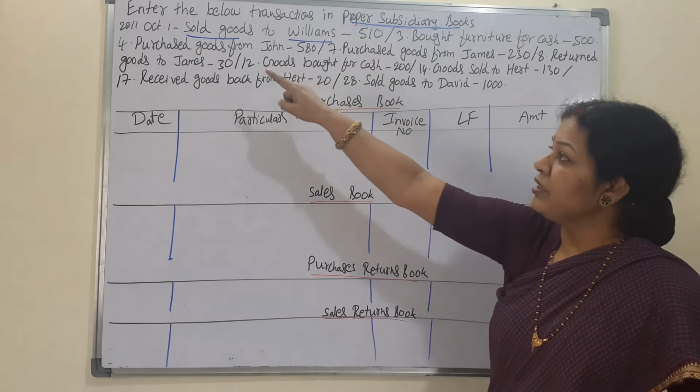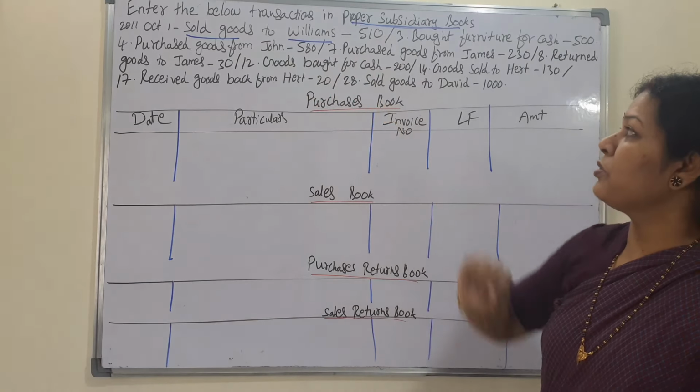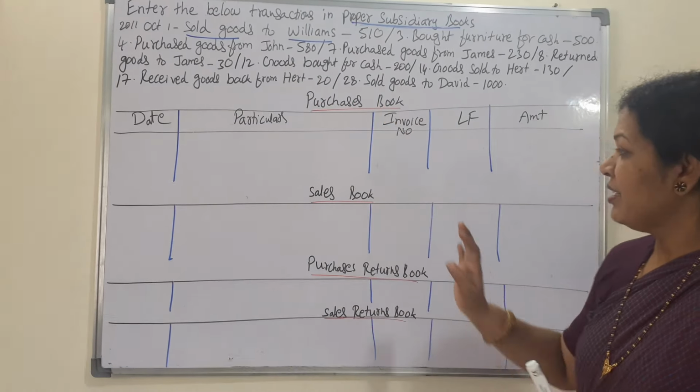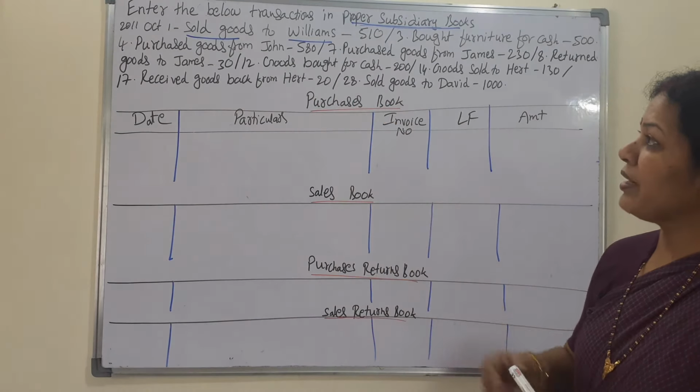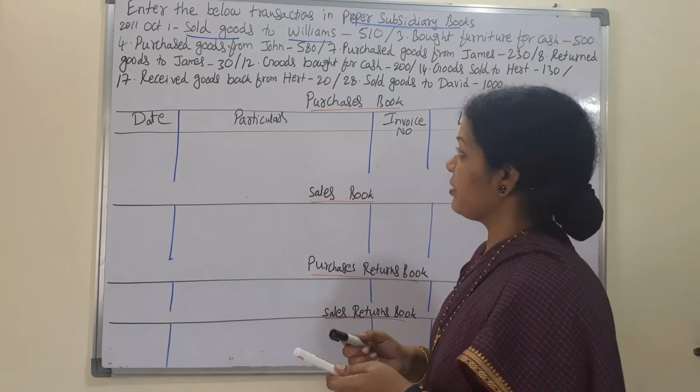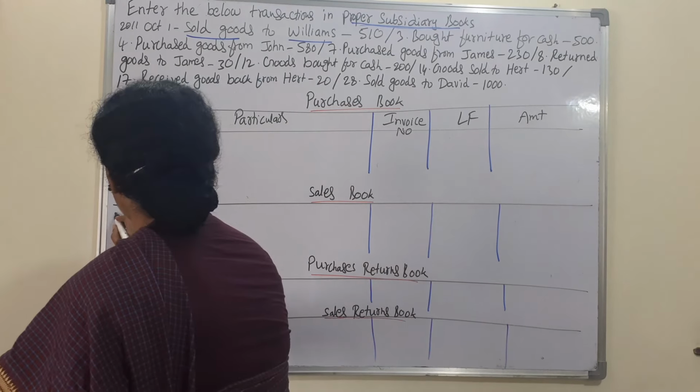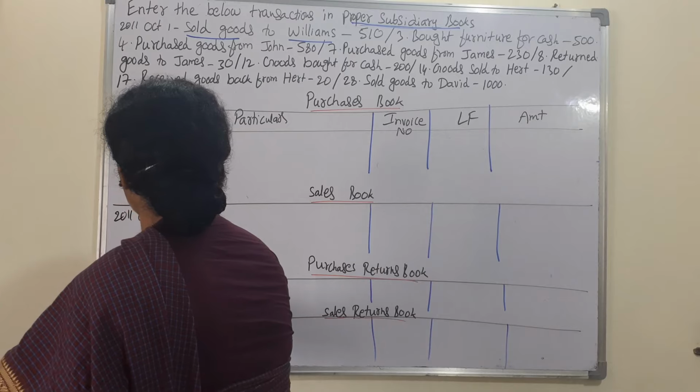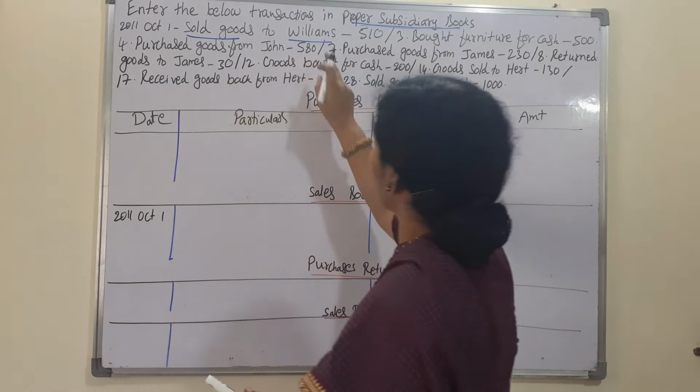Now the first one is 2011 October, sold goods to William. It is sales. It comes under the sales book. So we'll write 2011 October 1st, sold goods to William.